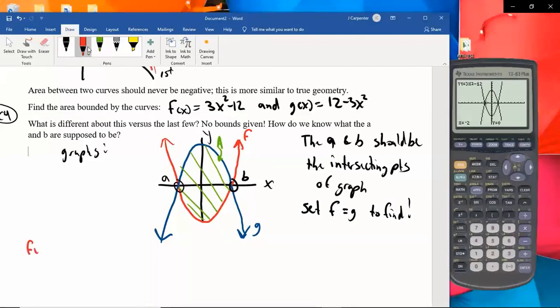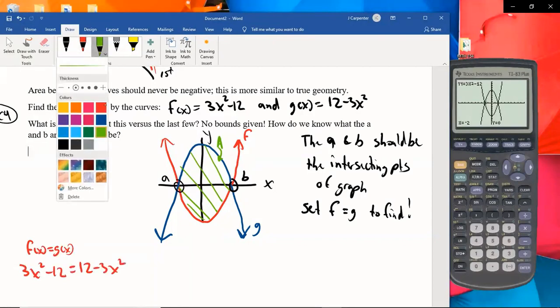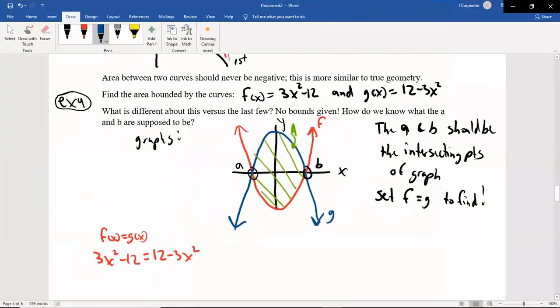So we set F of X equal to G of X, which is 3x squared minus 12 equal to 12 minus 3x squared. Well, this is quadratic. The biggest term I see is an x squared, so let's move everything to one side.